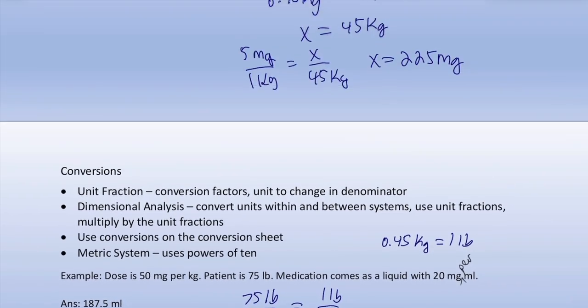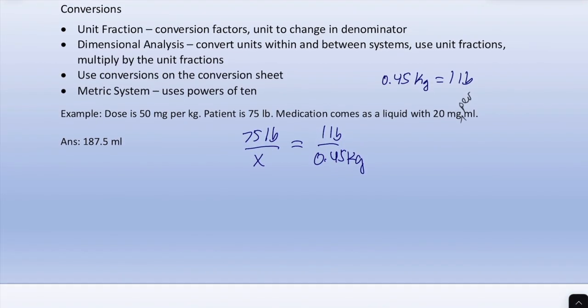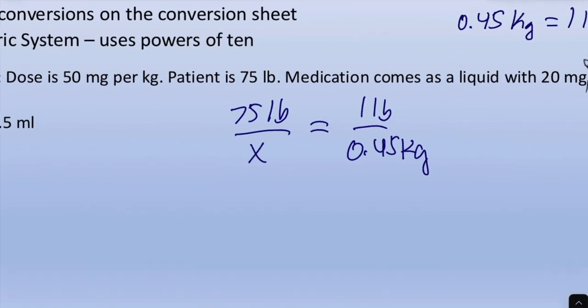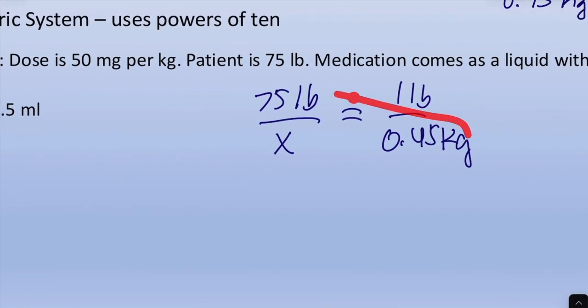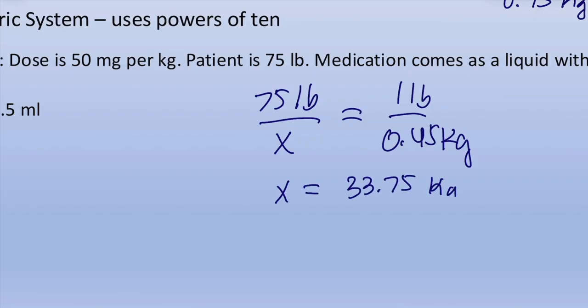Let me just make sure that I'm going to, yep, okay. And now, again, cross multiply. So 75 times 0.45 is 33.75 kilograms. Okay, so that's how much the patient weighs.